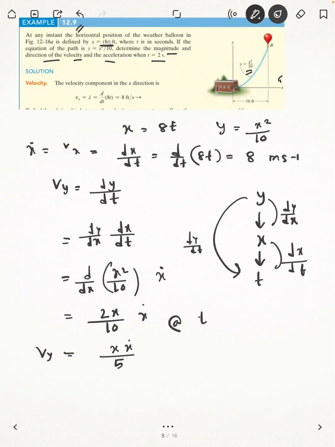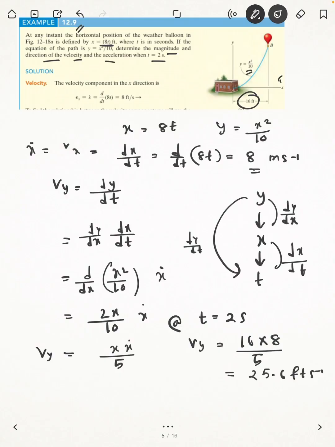So at t equal to 2 seconds, x value is 16 feet, so x is 16 and our x dot is 8, and divided by 5, it will end up with 25.6 feet per second.